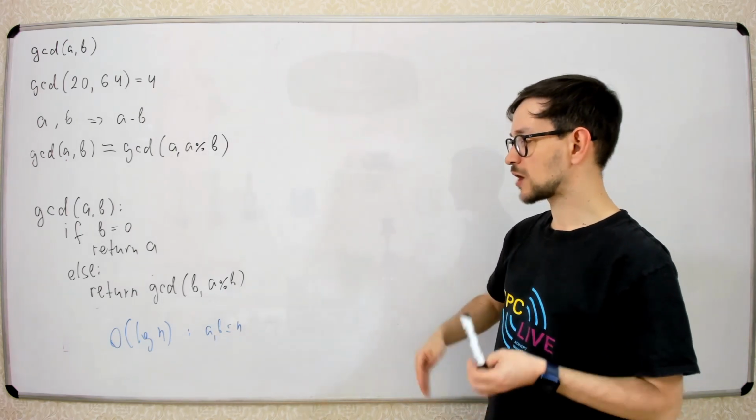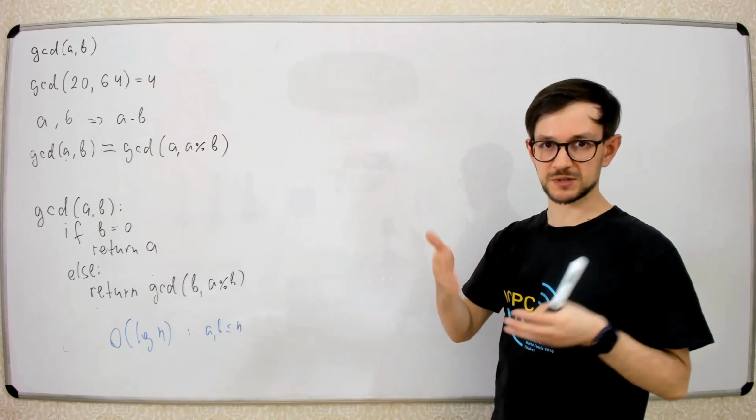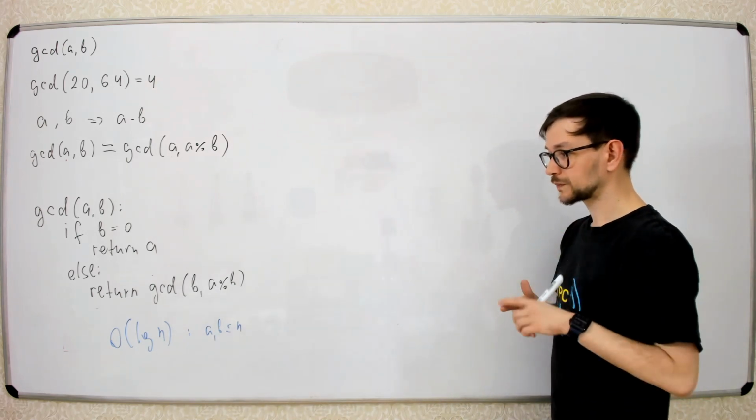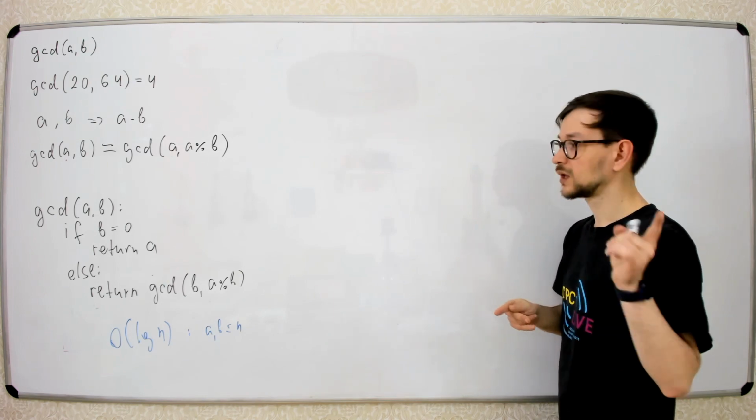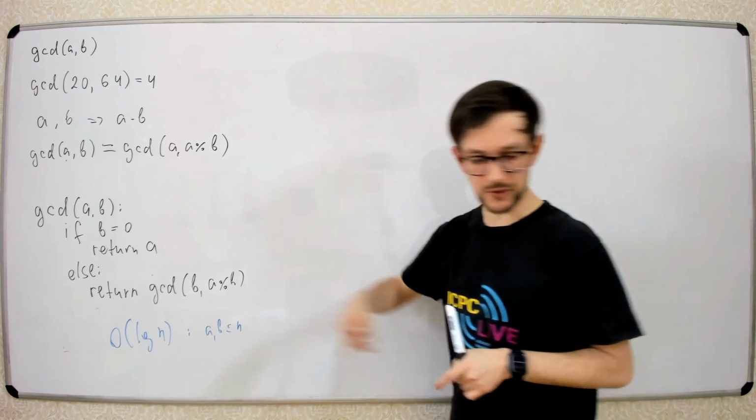If you have two big numbers, calculating the remainder is a long process. What you can do instead is make another algorithm which doesn't use this modular function.